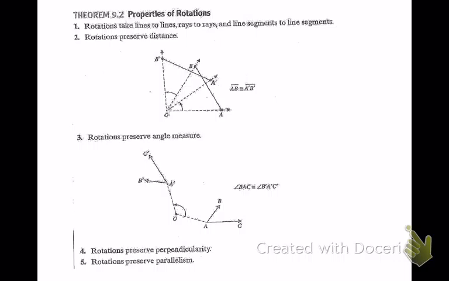So, properties of rotations. Rotations take lines to lines, rays to rays, and line segments to line segments. They preserve distance. They preserve angle measure. They preserve perpendicularity. They preserve parallelism. So basically, it has the same characteristics as a translation.